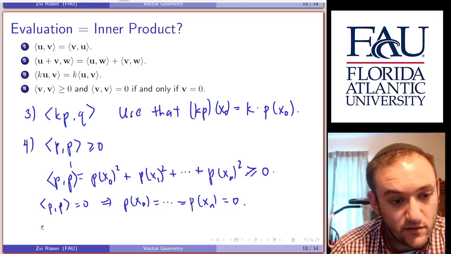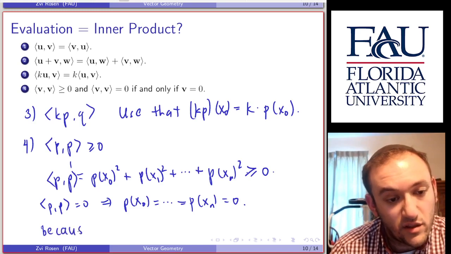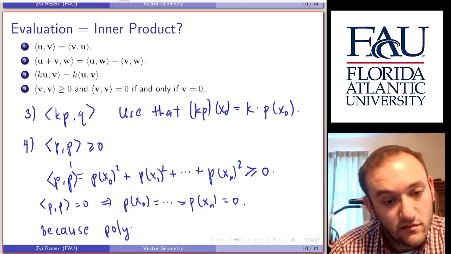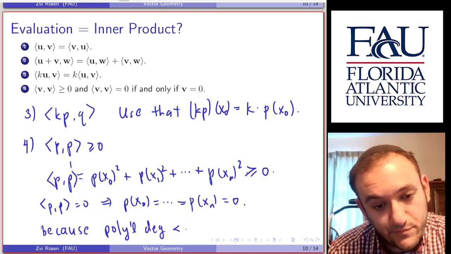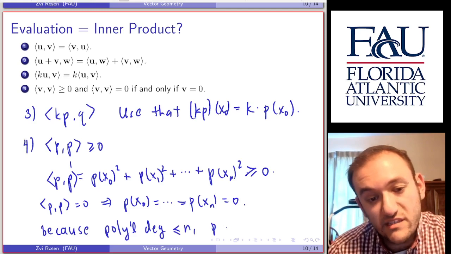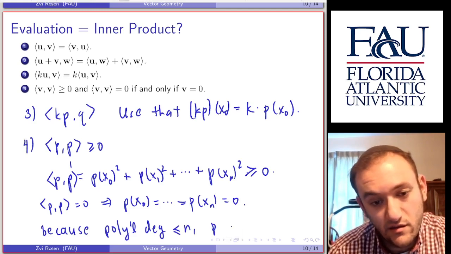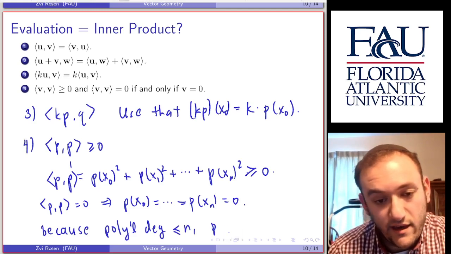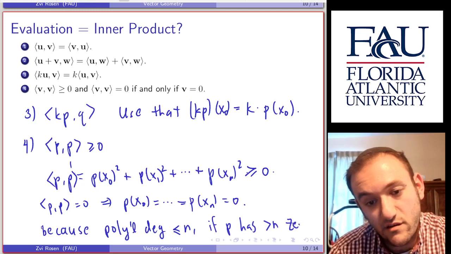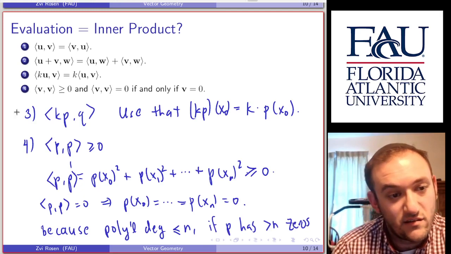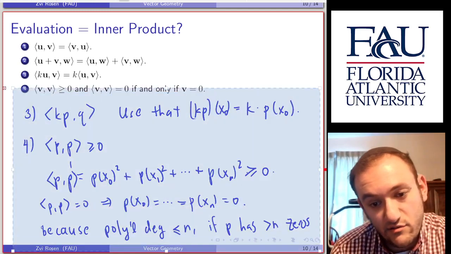Because the polynomial degree is less than or equal to n, if p has greater than n zeros, then we know that p equals the zero polynomial.